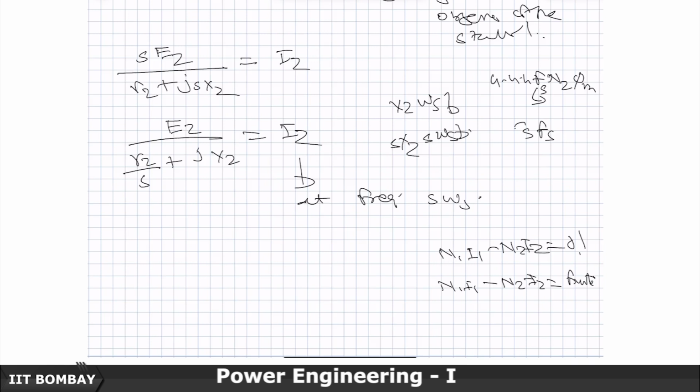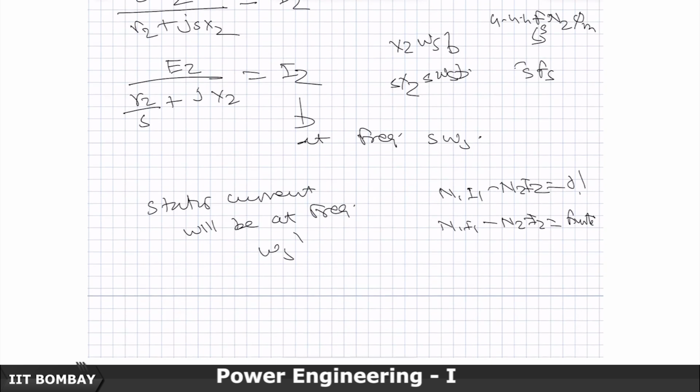The compensatory current has to flow on the stator side as well, and that stator current will be at frequency omega s. It will not be at frequency s omega s, it will be at omega s. Do you see why?